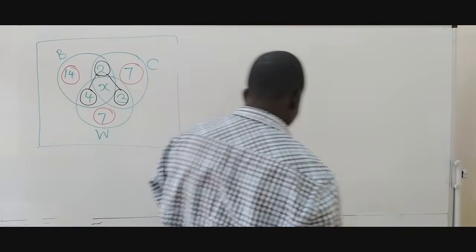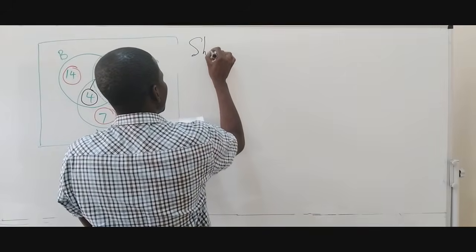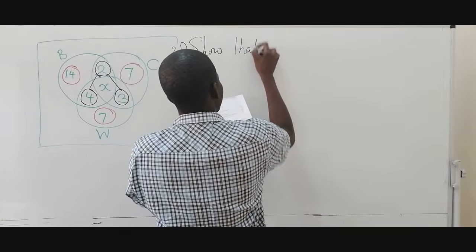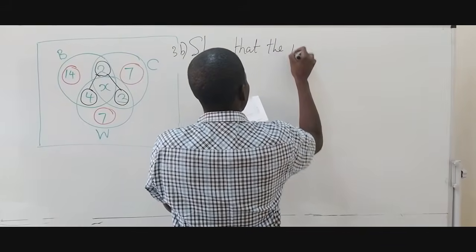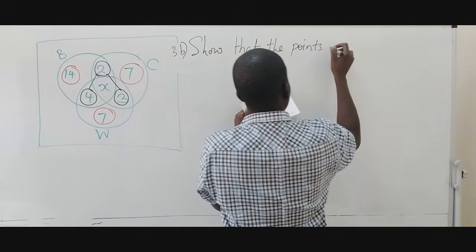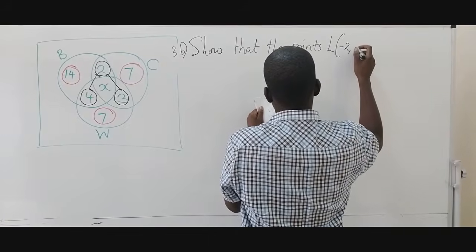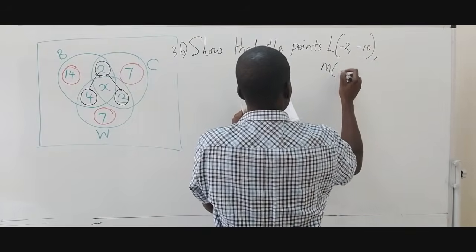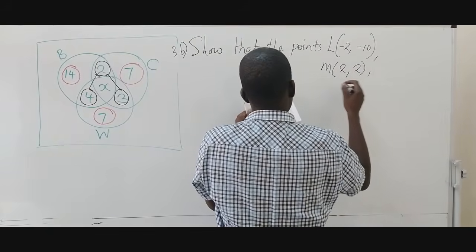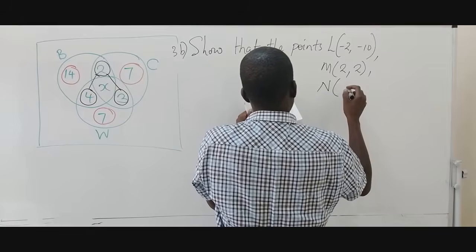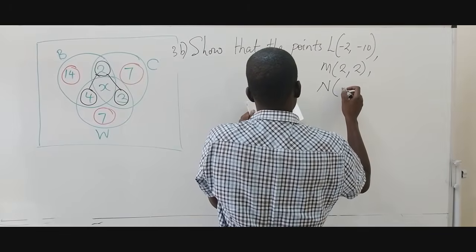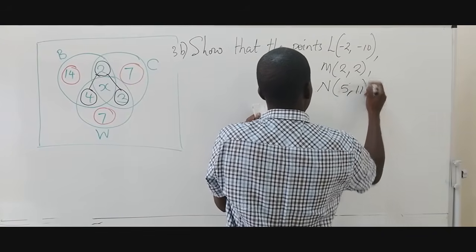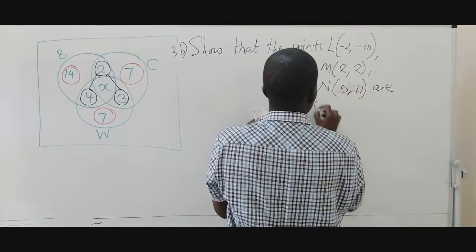The question says, show that the points L, negative, then we have M, 2, comma, N, that is 5, comma, 11. Show that these points are collinear.